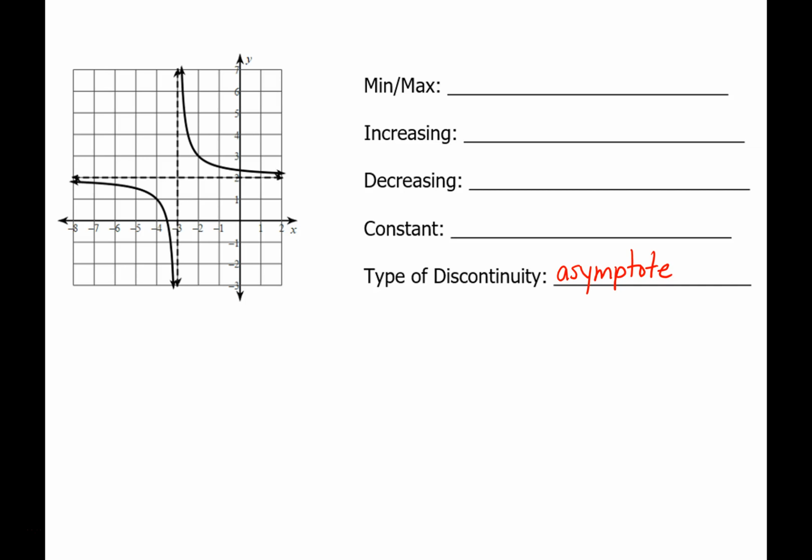Okay, so the other thing that I notice is that this doesn't have any relative mins or maxes because it's not changing directions. If I start on the left side, the negative infinity side, and go to the right on the x-axis, so if I start here, I'm going downhill very slowly, and then I start going downhill more steeply.